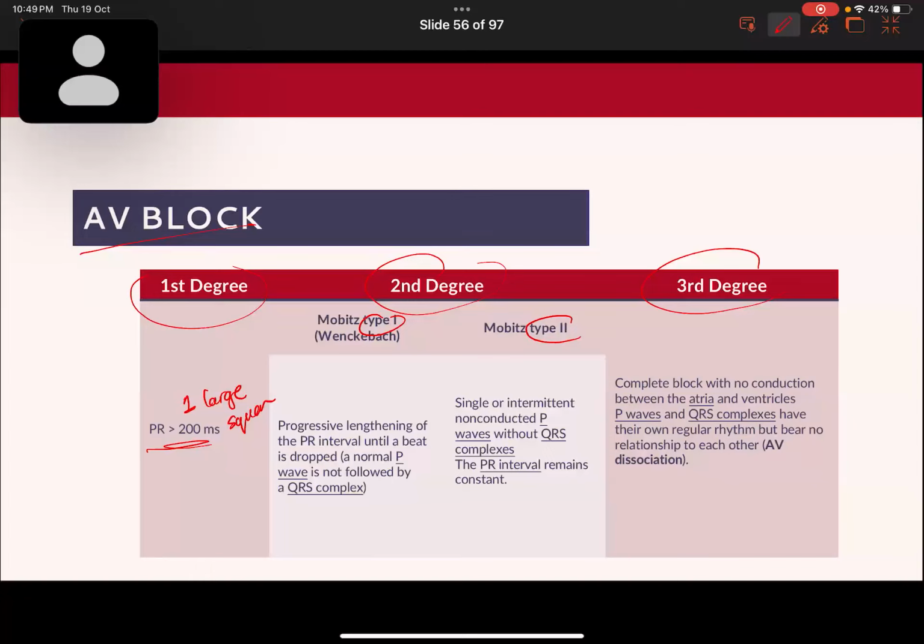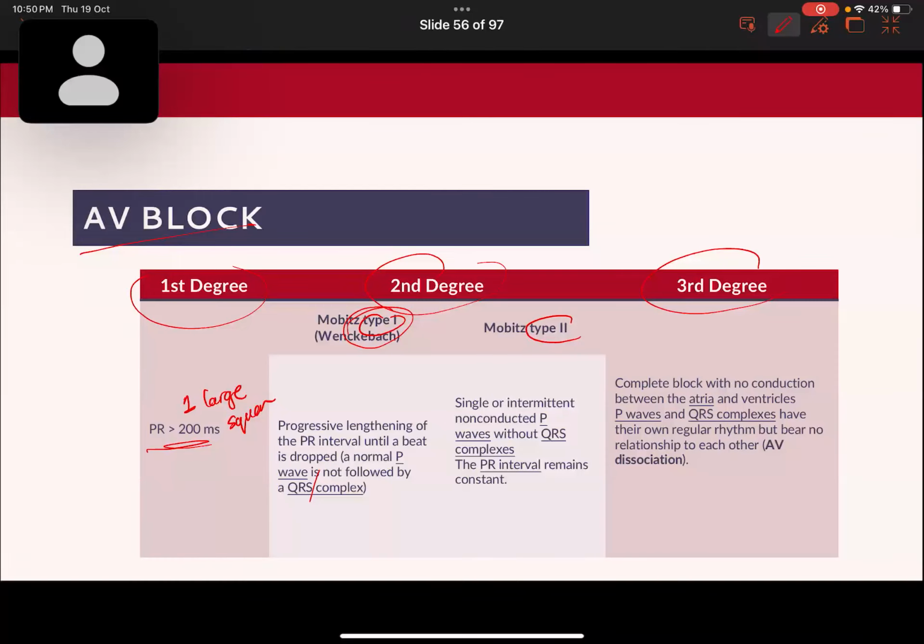For this, you would consider a type 1 AV block. One thing that you should also focus on is that not only does it have the prolongation of the PR interval, but it continues prolonging until one of the heartbeats drops, so that a normal P wave, which is the atrial depolarization, is no longer connected to the ventricles.